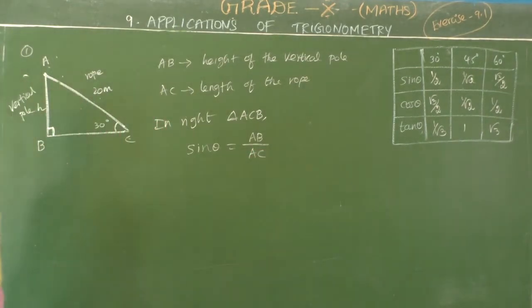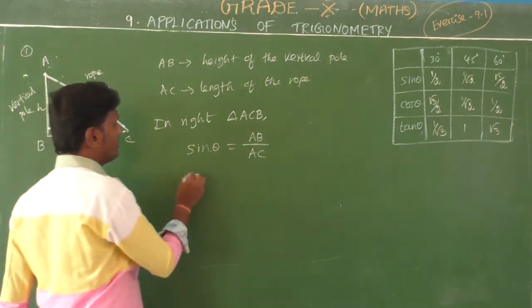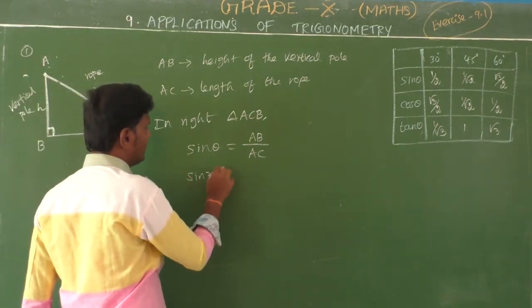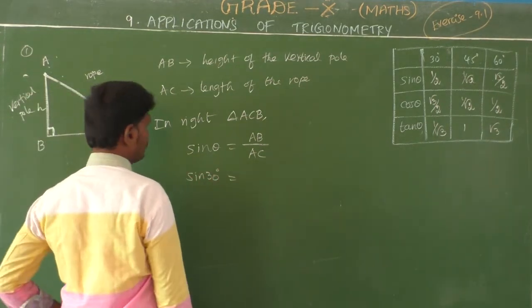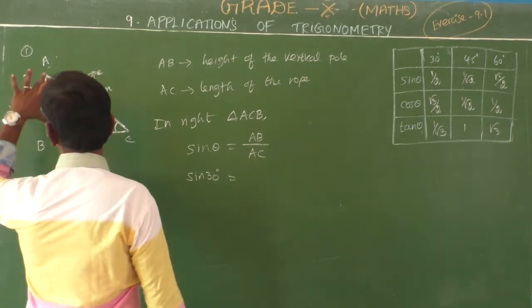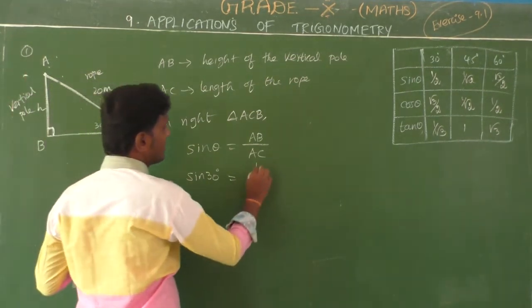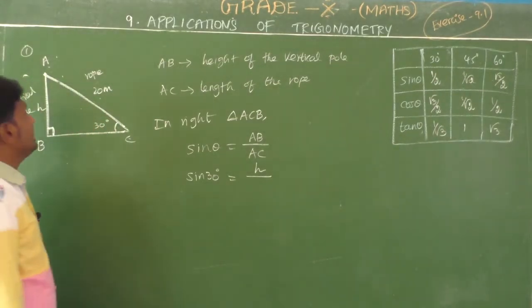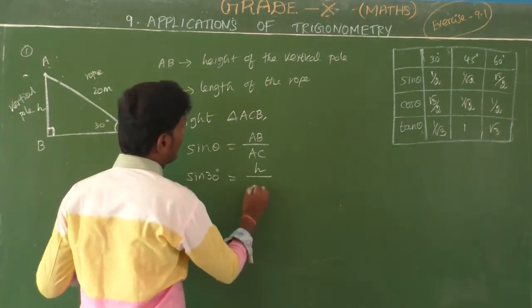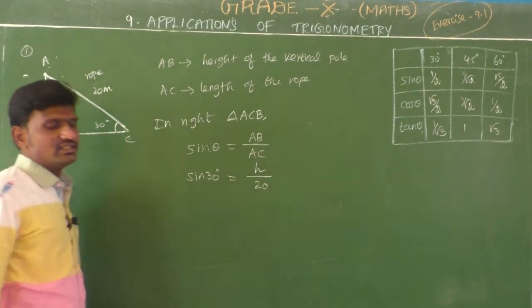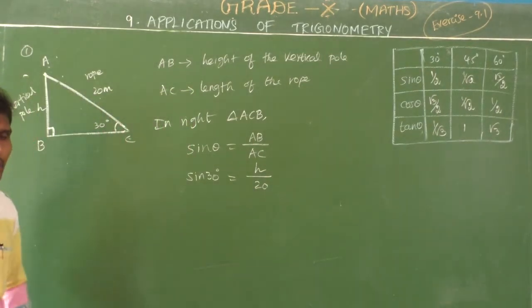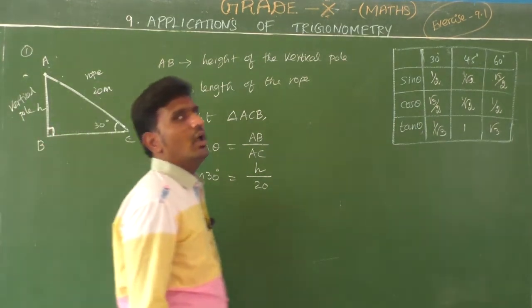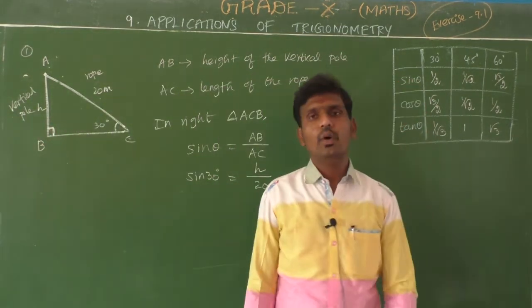Now theta, the angle, is 30 degree. So sin 30 equals AB, that is H, height of the long pole, and AC, the length of the rope, already you have, that is 20. Now sin 30, do you know the value of sin 30? What is that? Look at the table, 1 by 2, right?